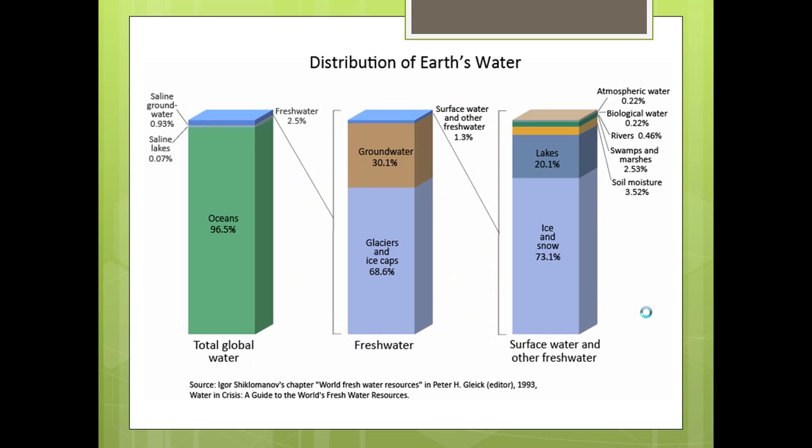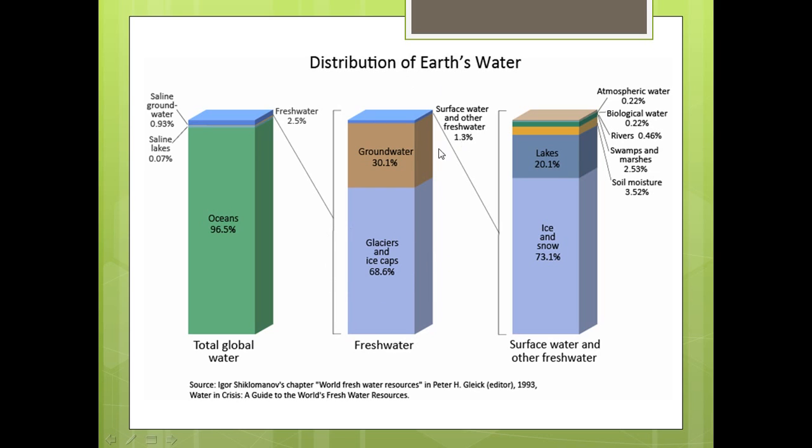So here's some graphs over the distribution of the Earth's water. You see that the total amount of water on Earth is made up by 96.5% oceans, and then the rest is fresh water. This fresh water can be seen as groundwater, and then from water of the glaciers and the ice caps.